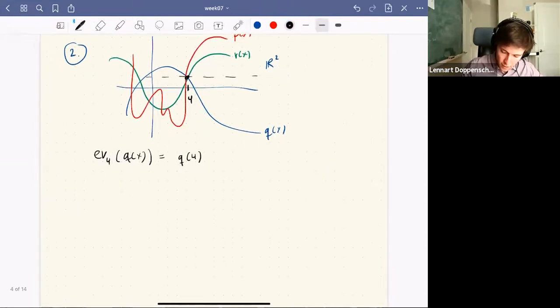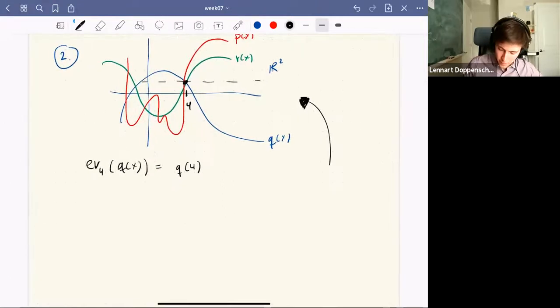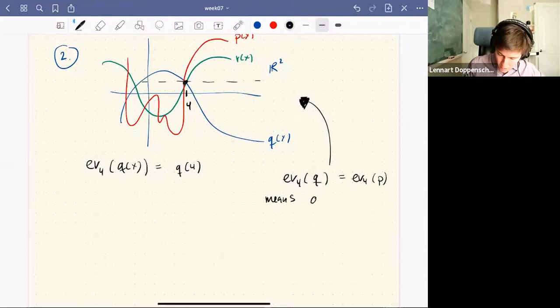From this drawing, you might have to explain this a bit further if this was a test. I'm just saying that you can get the intuitive idea of this from this picture, that the evaluation at 4 of Q equal to the evaluation at 4 of P means that Q of 4 is equal to P of 4.